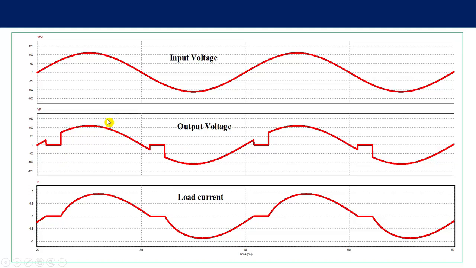And to get symmetrical output voltage, to obtain average output voltage 0, we have to fire the thyristor symmetrically. That means if one is triggered at alpha, then the second one should trigger at pi plus alpha, and it should be ensured that before turning off of thyristor number 1, 2 should not be fired.